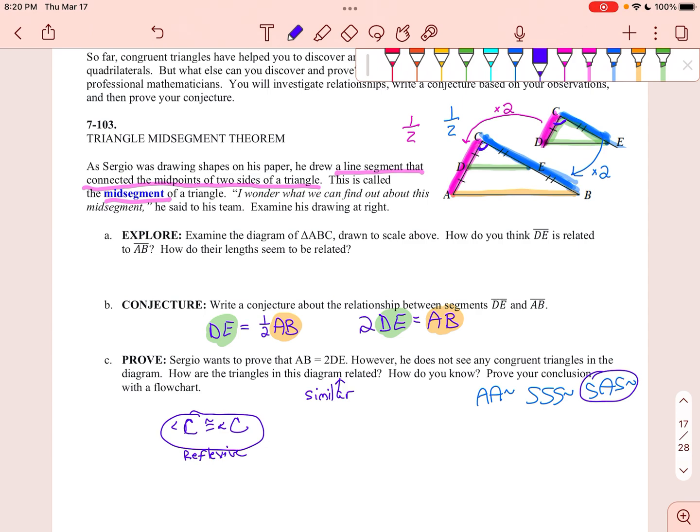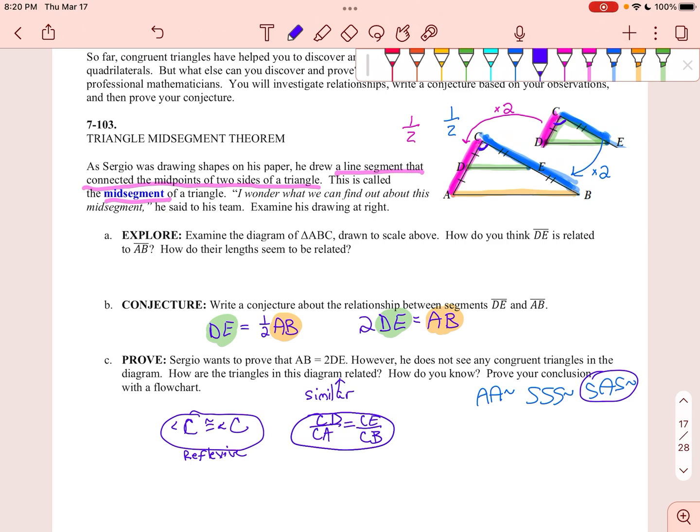Now I have to continue to write what I know. So again, I know that the proportion of CD over CA is equal to CE over CB. And I know that proportion again is equal to 1/2, if you'd like to also write that as well.